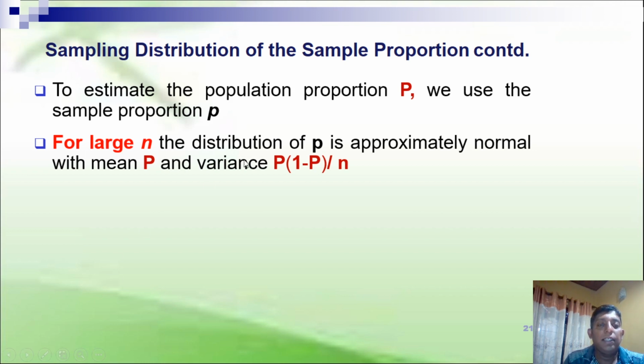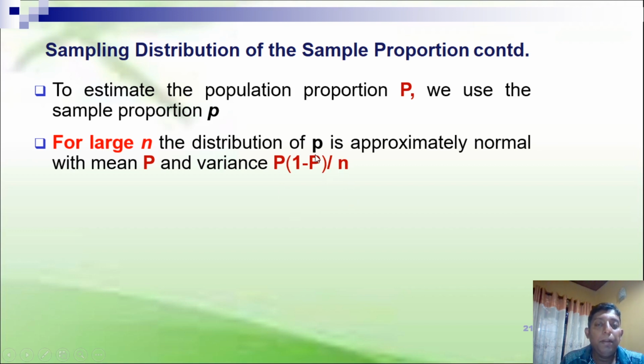Therefore, for large n, the distribution of the sample proportion, simple p, is approximately normal with mean P, capital P, that means the population proportion, and the variance can be calculated using this formula: population proportion P times 1 minus P, then divide that value by sample size n.